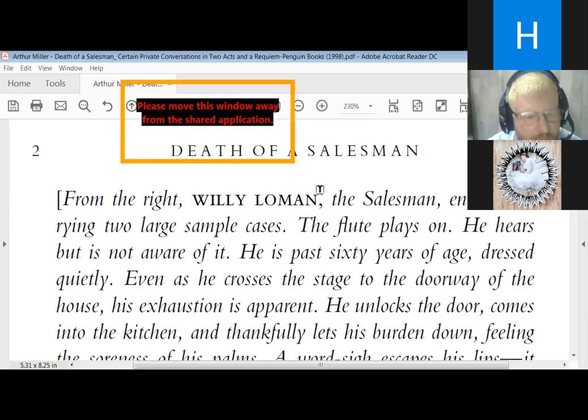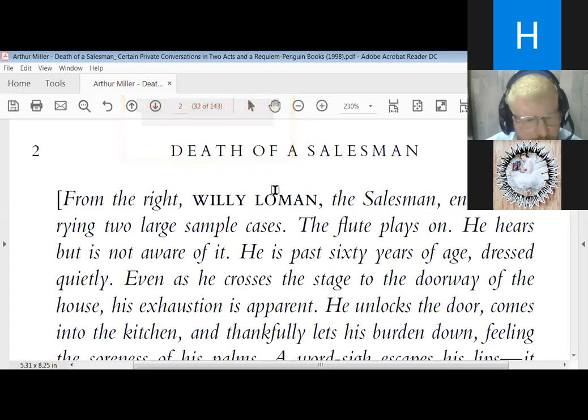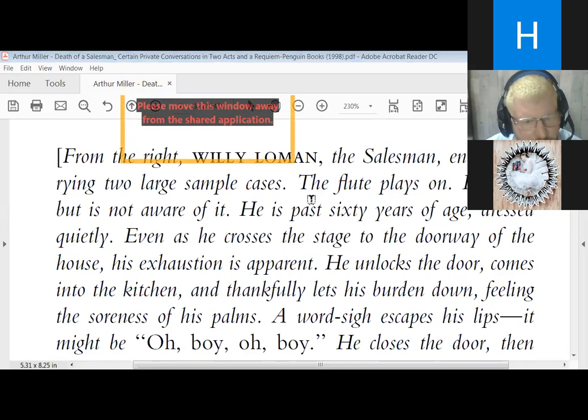Okay, so we continue the stage directions. From the light, Willy Loman, the salesman, enters carrying two large sample cases. The flute plays on. He leaves, but is not aware of it. He is past 60 years of age, dressed quietly. Even as he crosses the stage to the doorway of the house, his exhaustion is apparent.